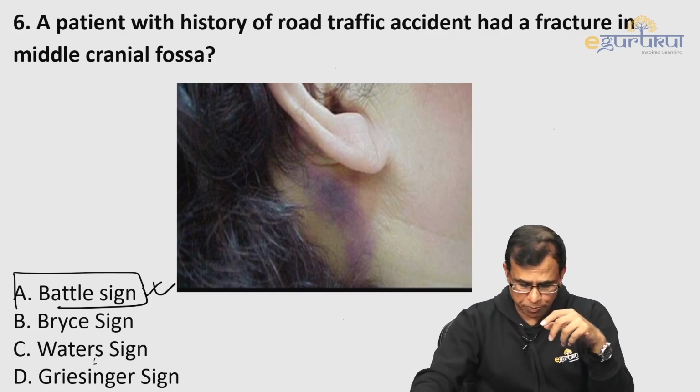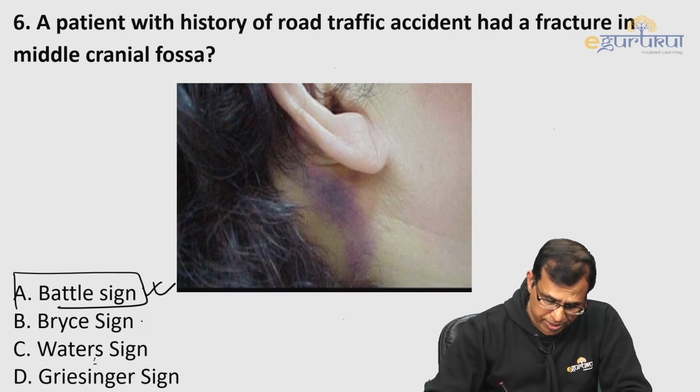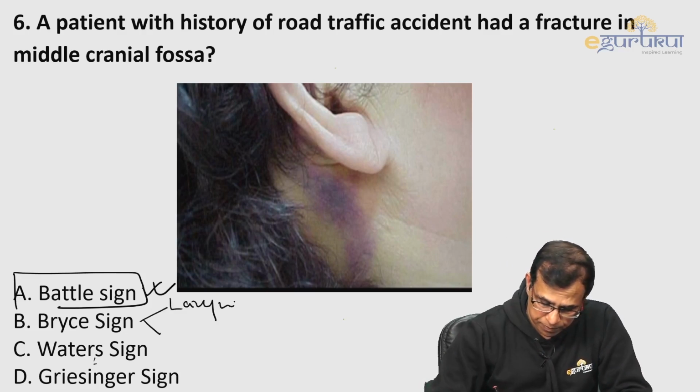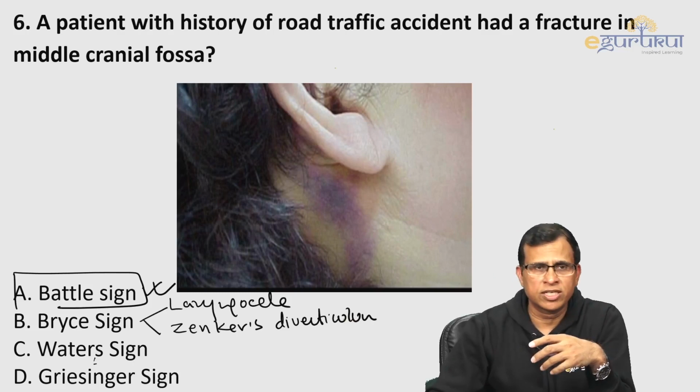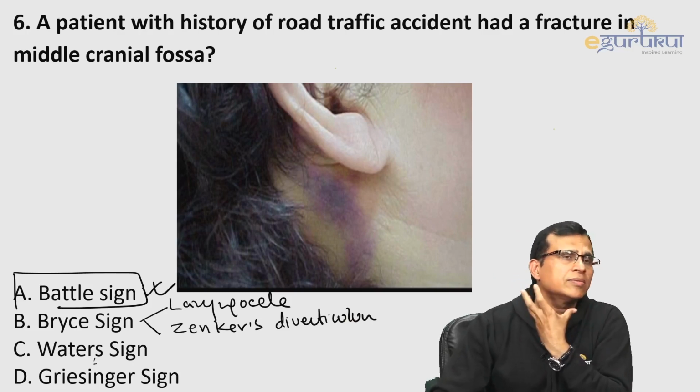Let us look at the other options, like Bayer's sign. Bayer's sign is seen in two diseases. It is seen in laryngocele as well as Zenker's diverticulum. In both these conditions, there is a swelling in the neck.